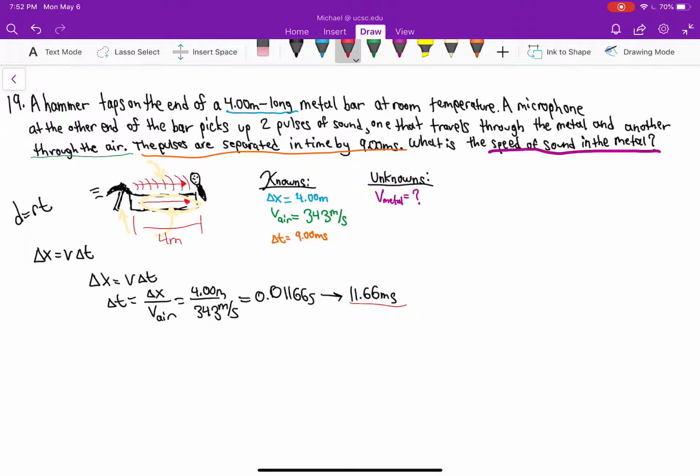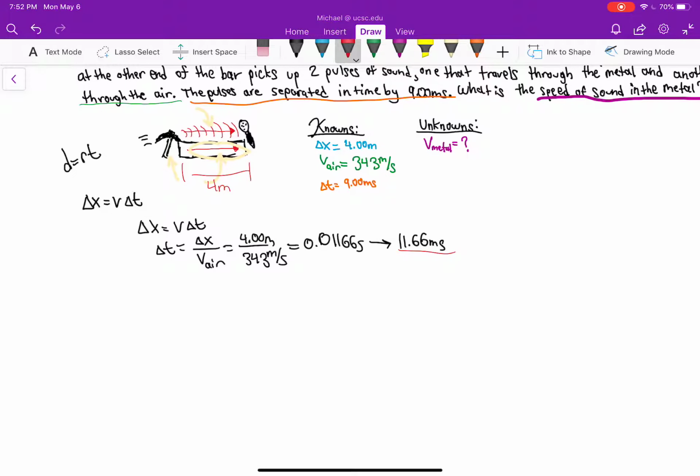But since we know that sound travels through metal faster than it travels through air, we can use these two values to make another equation: delta t of metal equals 11.66 milliseconds minus 9 milliseconds to give us 2.66 milliseconds.